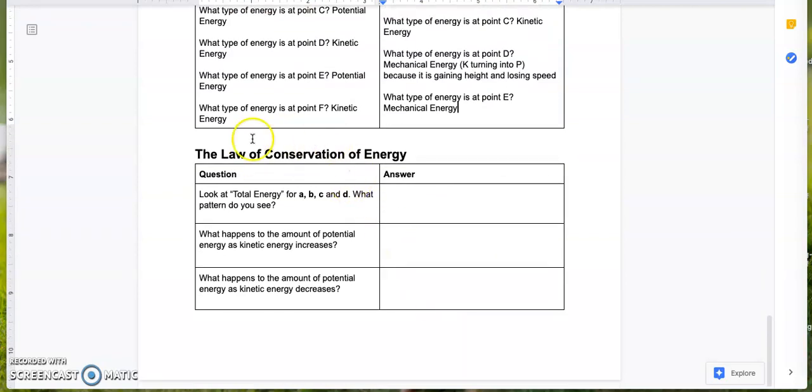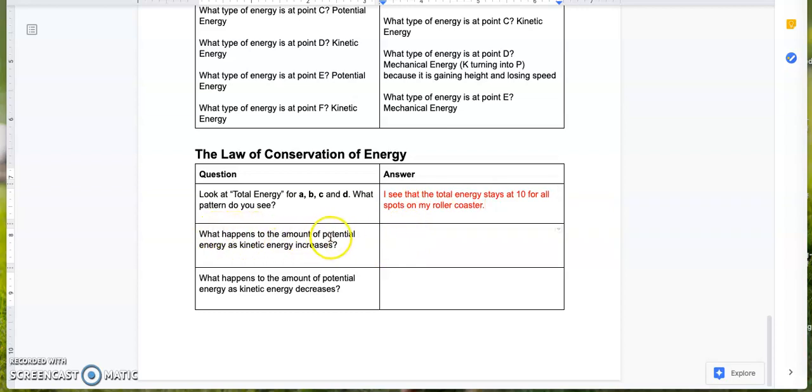All right, so we have this law of conservation of energy, which you read about in your text packet on pages, I think it was 123, 124. It says, look at our total energies and what pattern do you see? Hopefully, just like with our skateboard, I see that the total energy stays at 10 for all spots on my roller coaster.